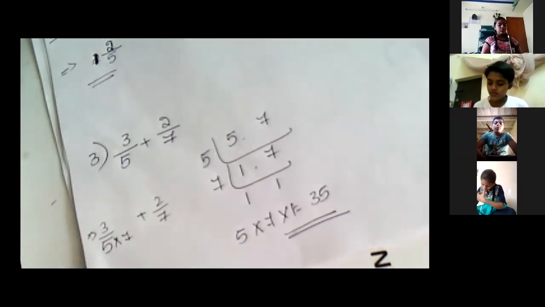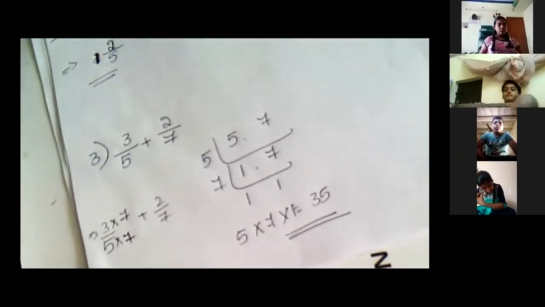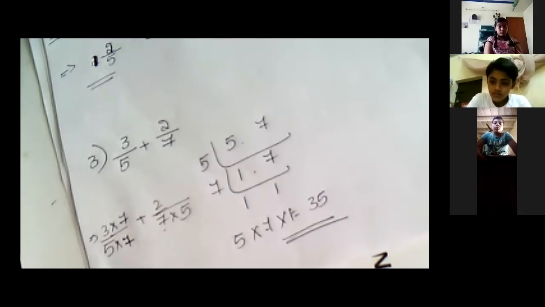In the 5 table, when 35 comes: 5 ones are 5, 5 twos are 10, 5 threes are 15, 5 fours are 20, 5 5s are 25, 5 6s are 30, 5 7s are 35. 7 I will write here, and the same 7 I will copy for the numerator. Then in the 7 table, 7 ones are 7, 7 twos are 14, 7 threes are 21, 7 fours are 28, 7 5s are 35. The same number I'll copy for the numerator. See here, 5 7s are 35, 7 5s are 35.